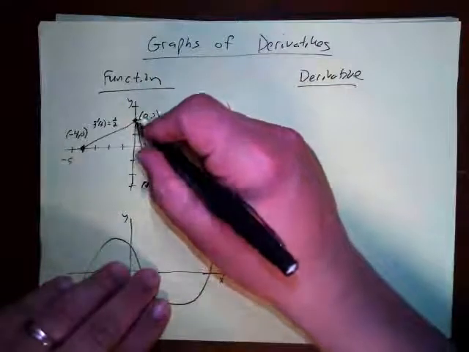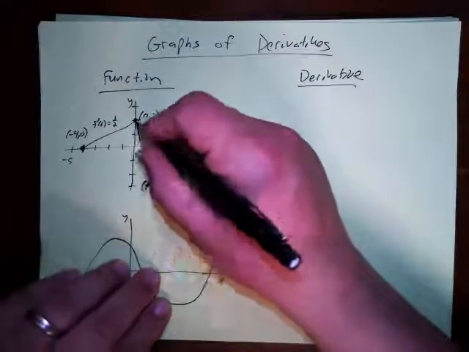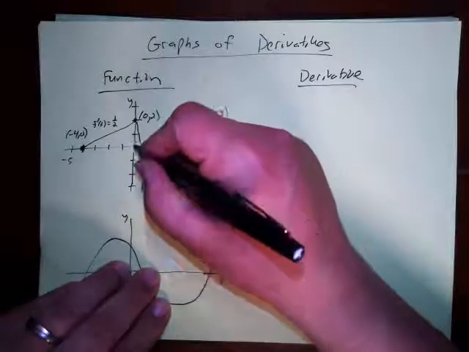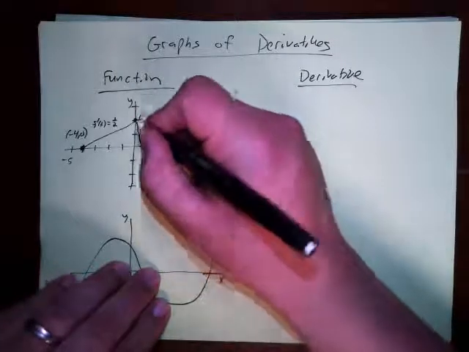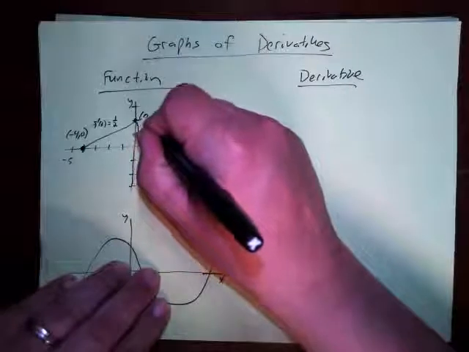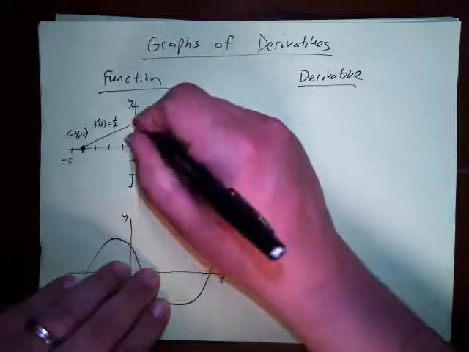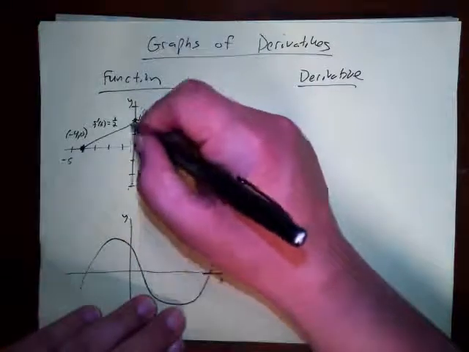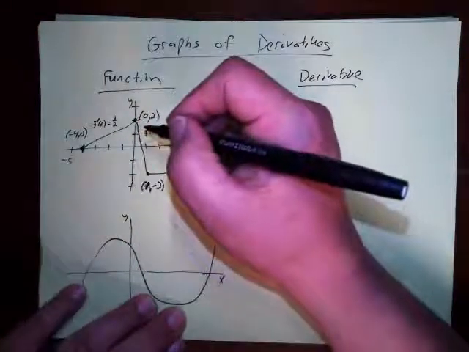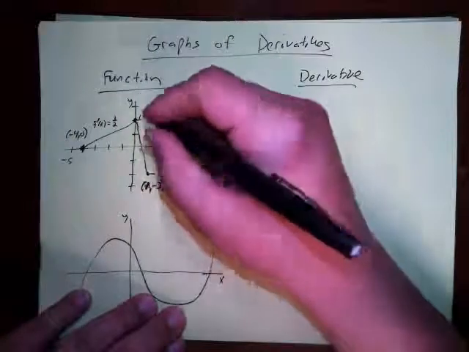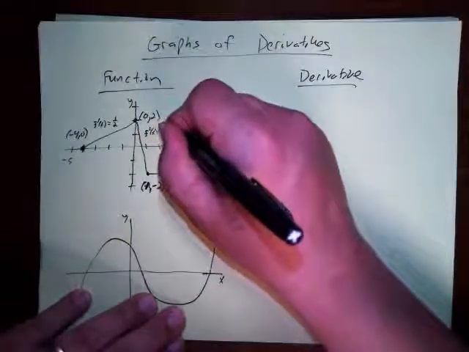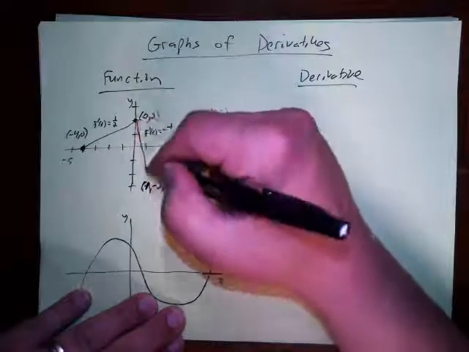Okay, well what about this interval? The change in the y values is 4, and the change in the x values is just 1. So f prime of x on this interval would be negative 4 over 1, so this would actually be negative 4, just on this interval.